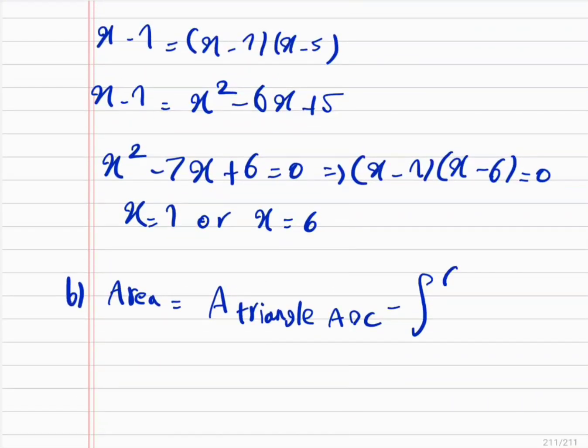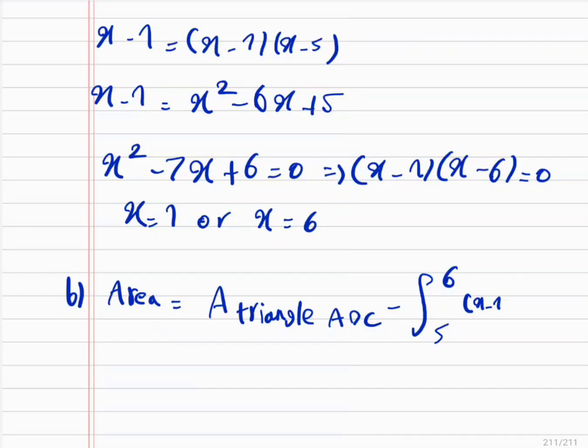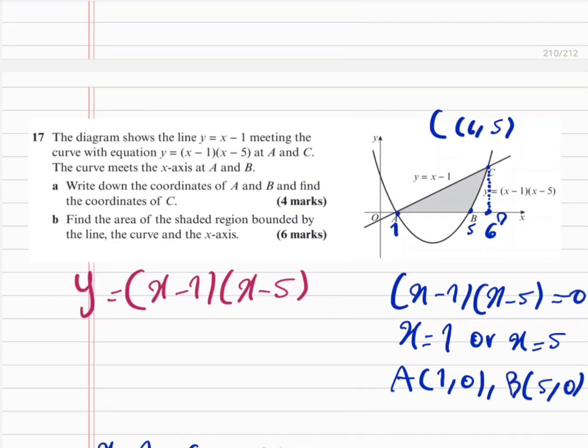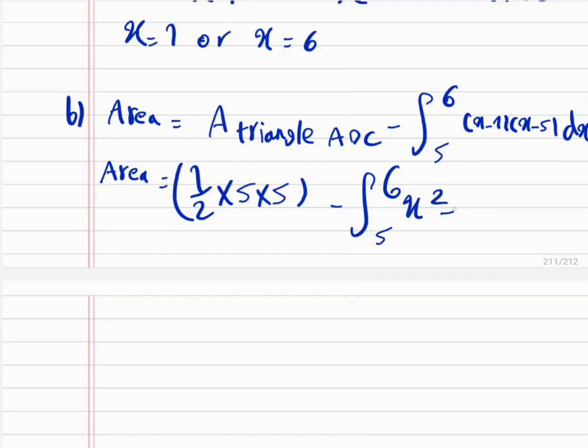So the limits are 6 and 5, and the equation of the curve is (x minus 1)(x minus 5) dx. And yes, solving this will give us the area of the shaded region. So first, the area of the triangle. The base is just 6 minus 1, which is 5, and then the height is also 5. So we have a half times 5 times 5, and then minus this integral, which is x squared minus 6x plus 5 dx.